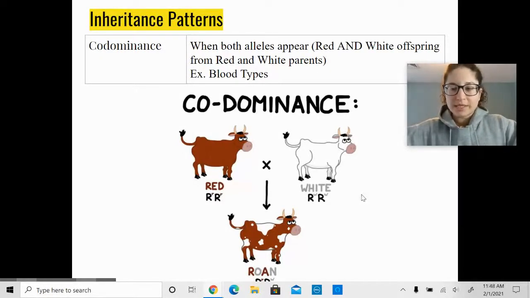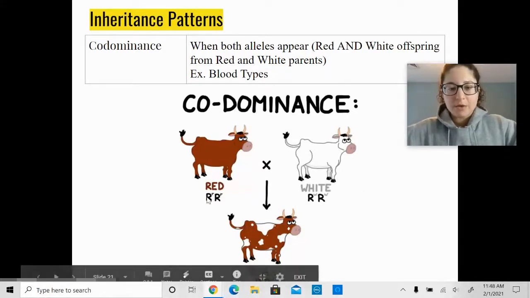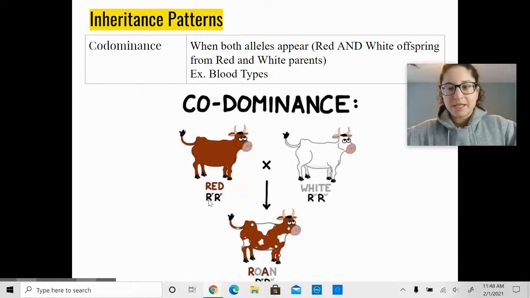You'll also notice that the alleles are written slightly differently for this version. We have a letter to represent the gene. So I'm going to call this big R, which is going to represent fur color. And then these superscripts up here, the little letters, are representing our different alleles.